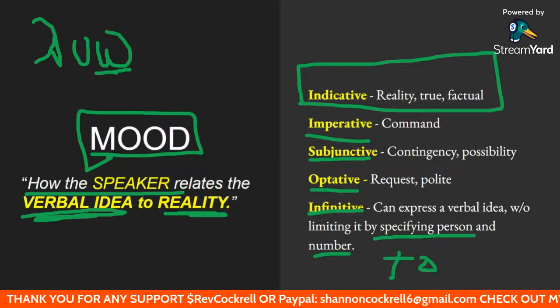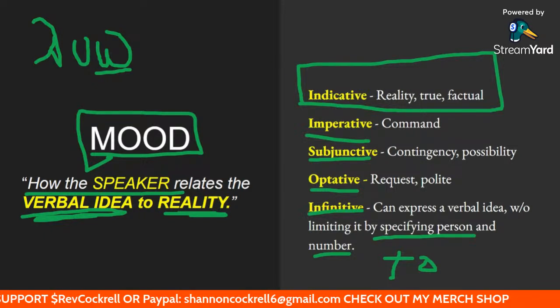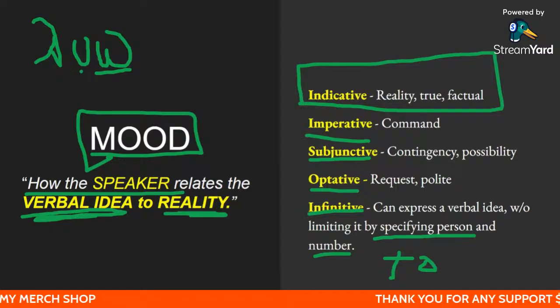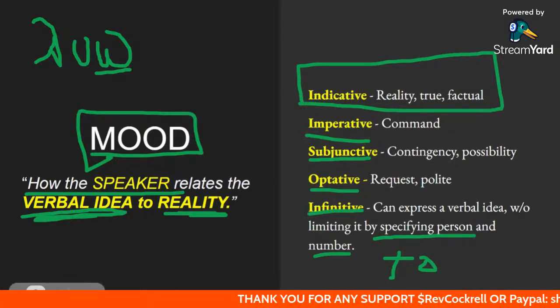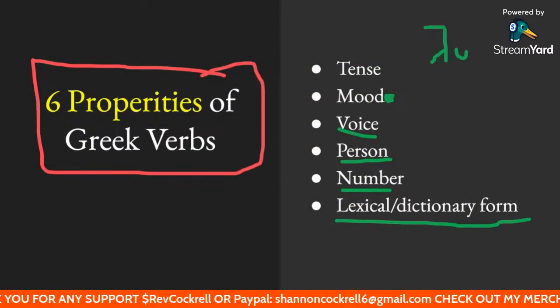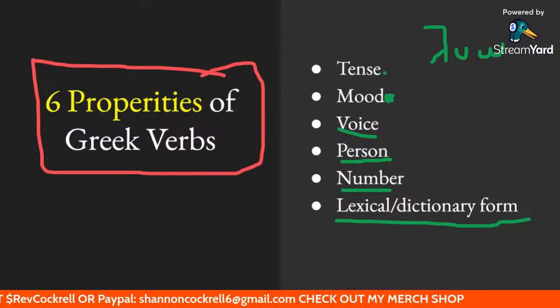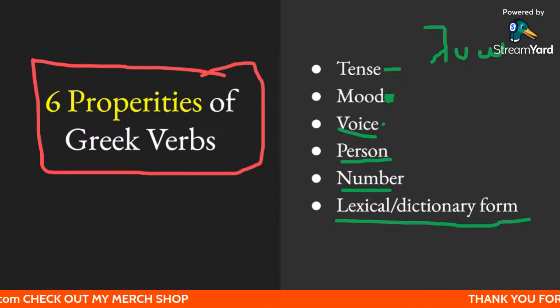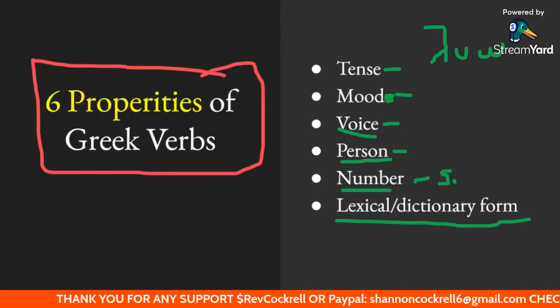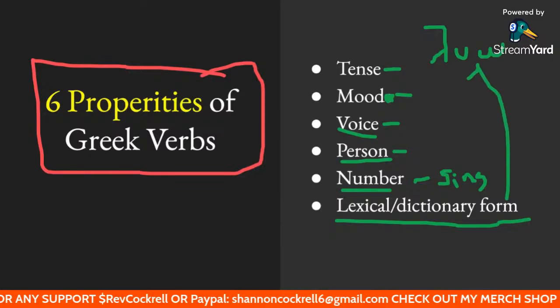We know that this is first person, present, active, indicative, luo, to loose. So luo is present tense, active, indicative, first person singular, and the lexical form is luo.